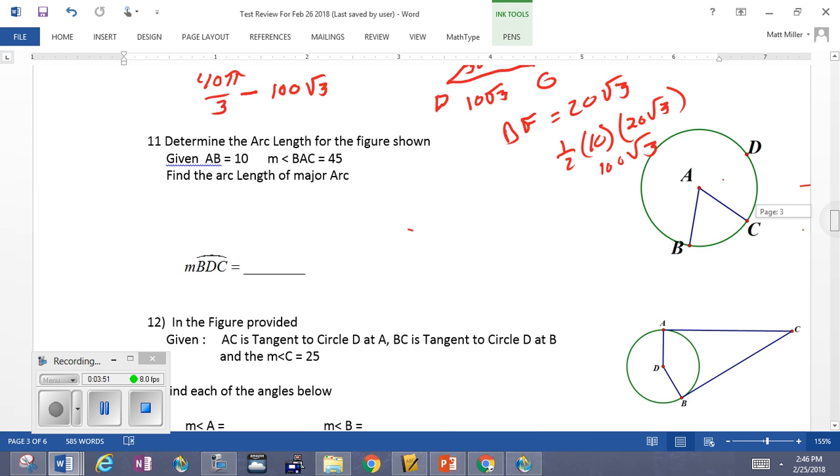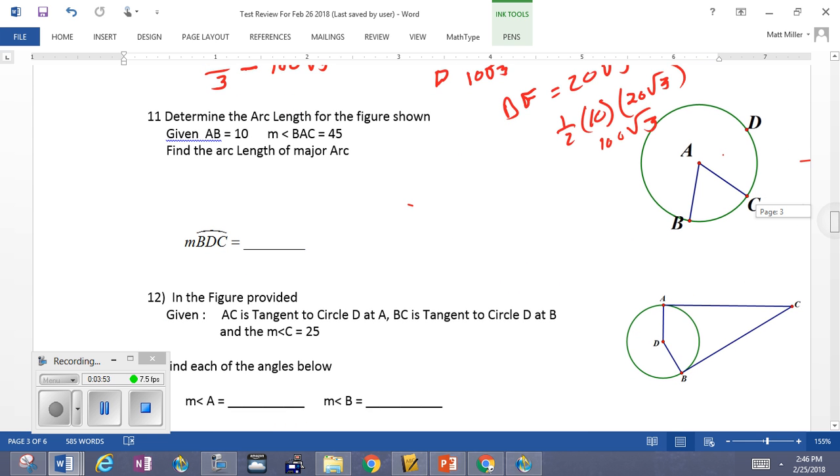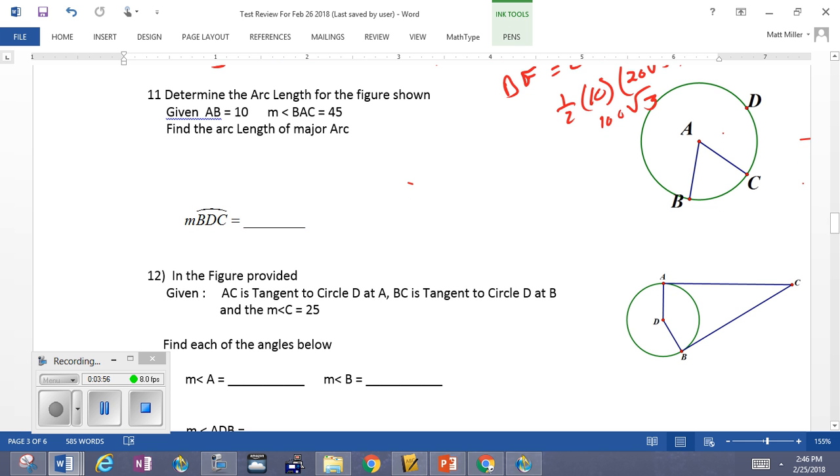A lot of detail on that, okay? Listen, this problem 11 is the arc length. Find the arc length of the major arc. So what they're giving you here is that this is 45, and they want the rest of the arc length.